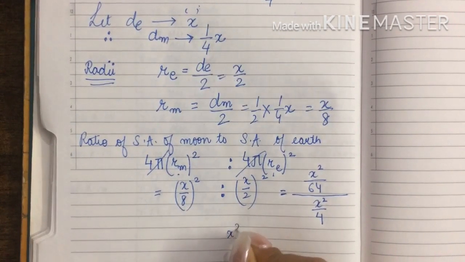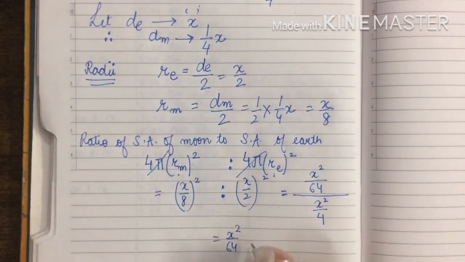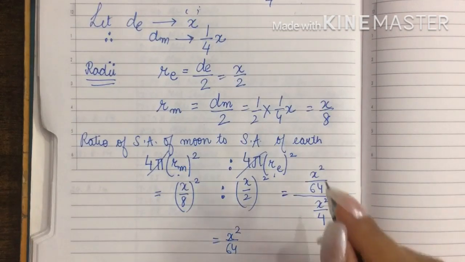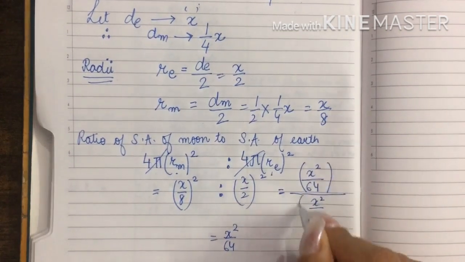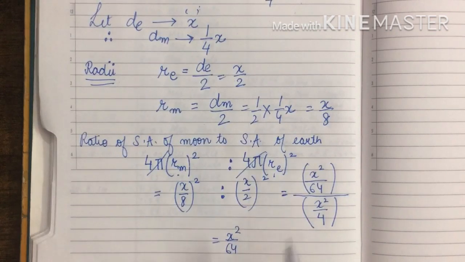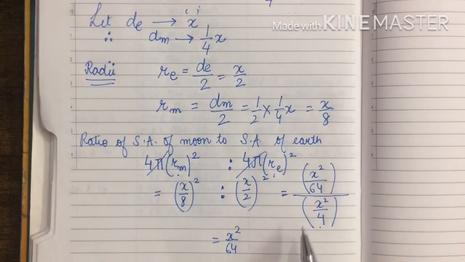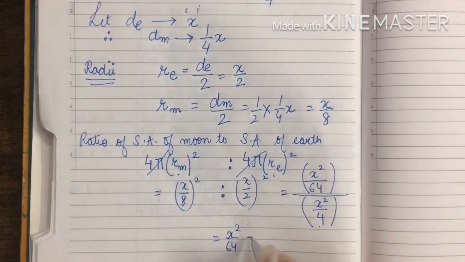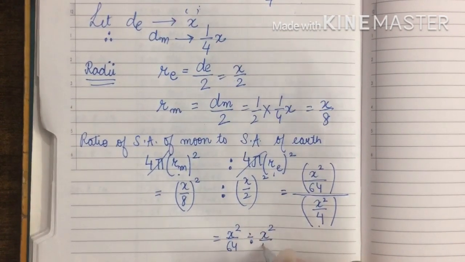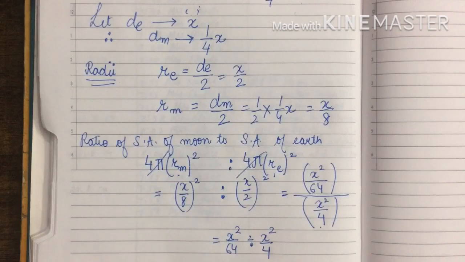Simplifying further, x square by 64 is the numerator and this is the denominator. So numerator divided by denominator, division by a fraction. I hope you all know how to simplify the division by a fraction.